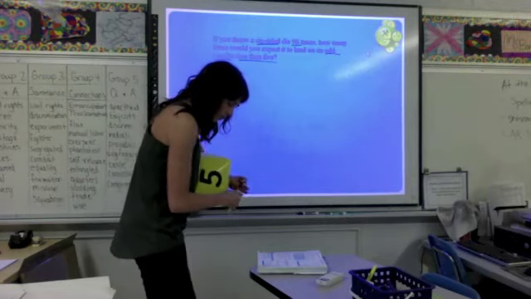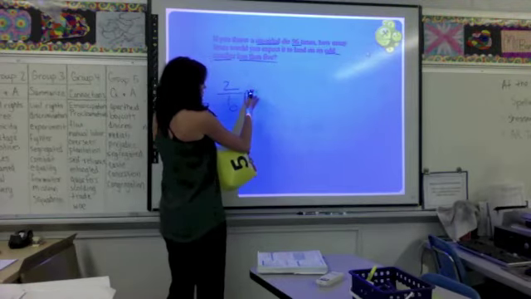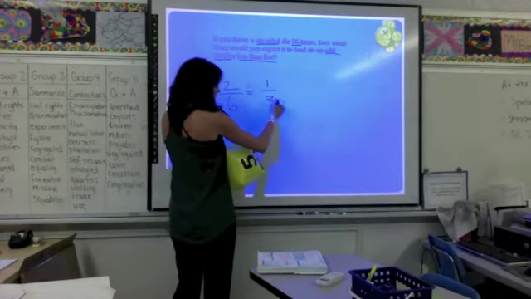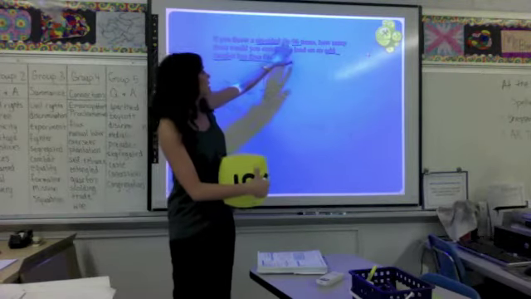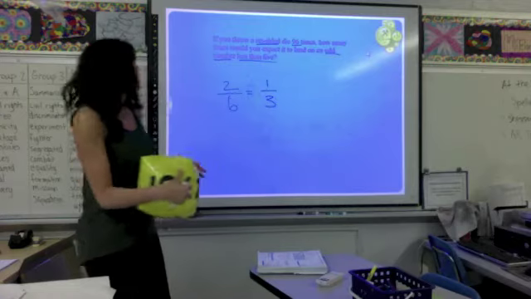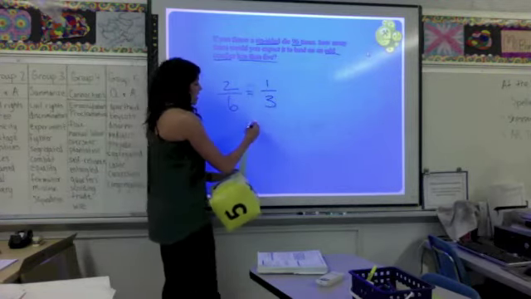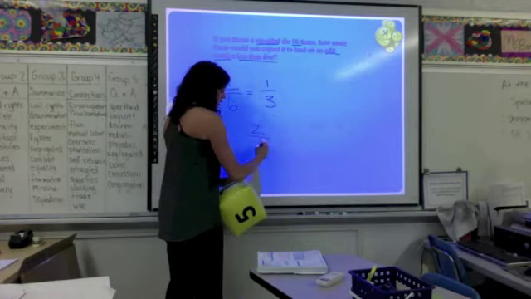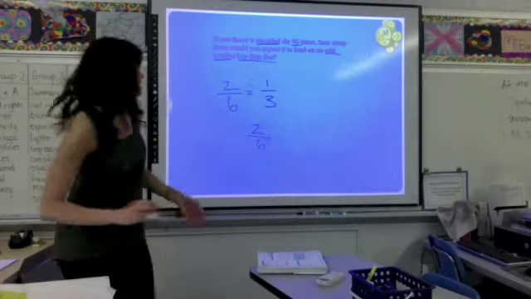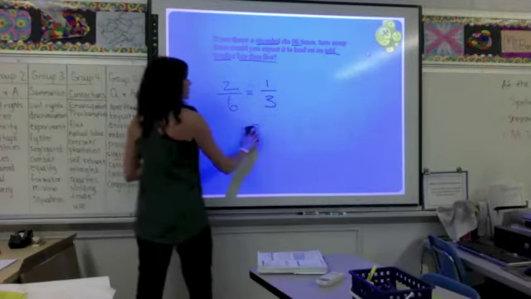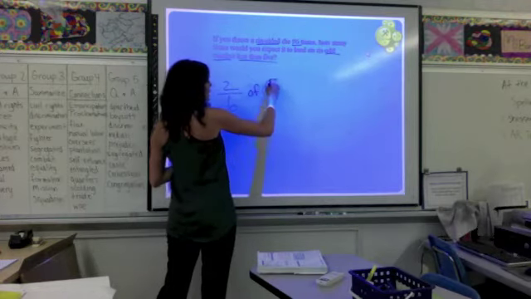So that's 2/6 of my whole. I can also reduce this fraction if I want to 1/3. Then it asks me, if you throw a 6-sided die 96 times, how many times would you expect it to land on these numbers? So now that I have my fraction, 2 sixths, I need to figure out what 2 sixths of 96 is.